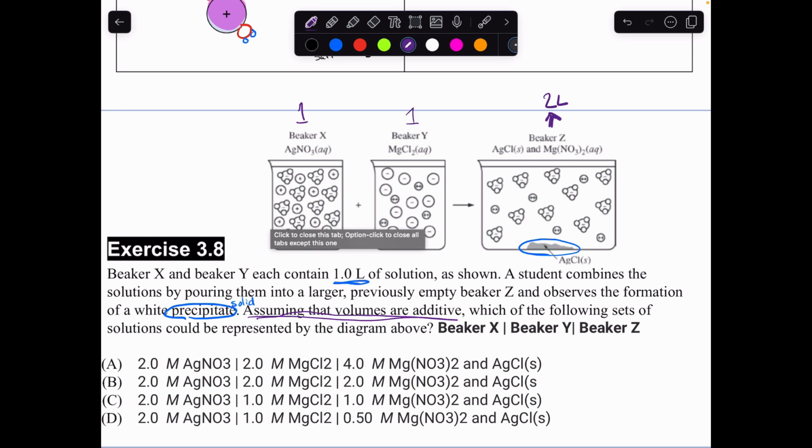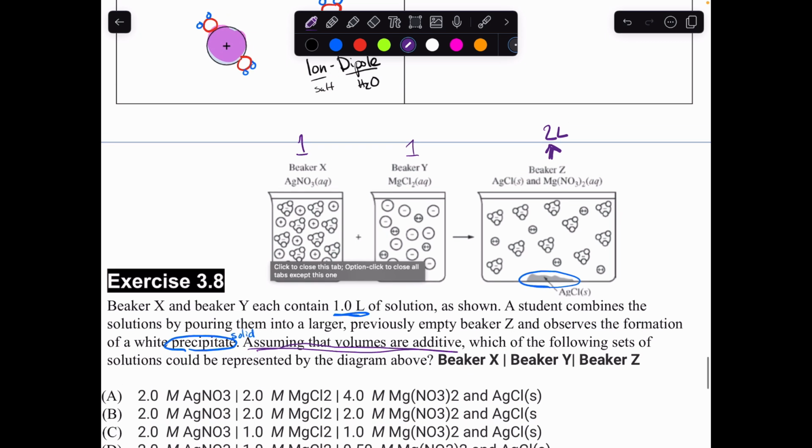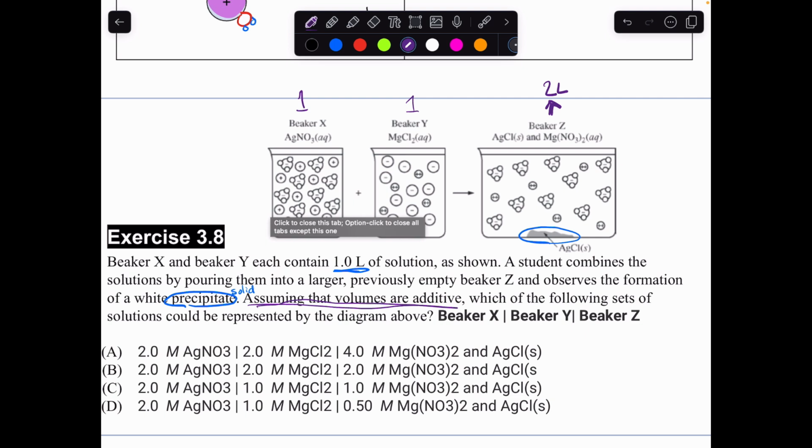Normally volume isn't perfectly additive. So what they're saying is we want to see which would be the correct molarities. Molarity is moles per liter. Moles we can count. So if I look in this first beaker here and I count up my ions, hopefully I can count them. We have 1, 2, 3, because I'm counting them as the solid they are, because that's how it's asking to be measured. 1, 2, 3, 4, 5, 6, 7, 8.